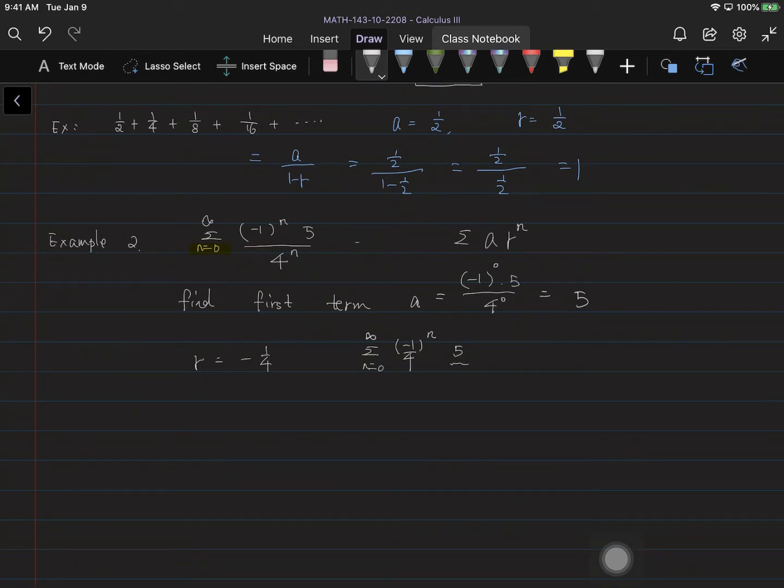So this is like A, and this is like R. That's the first way to find R.